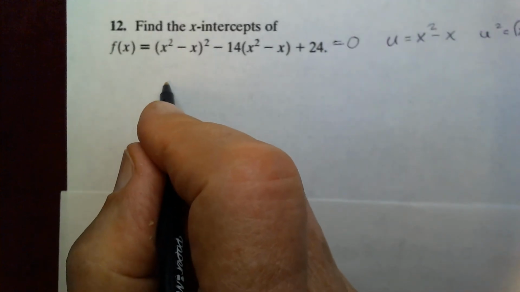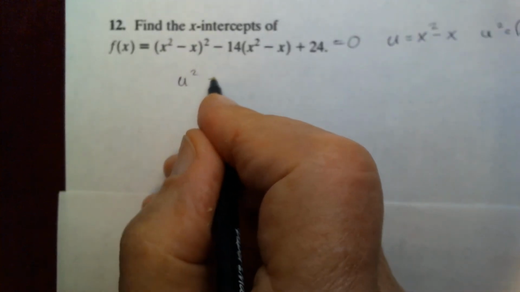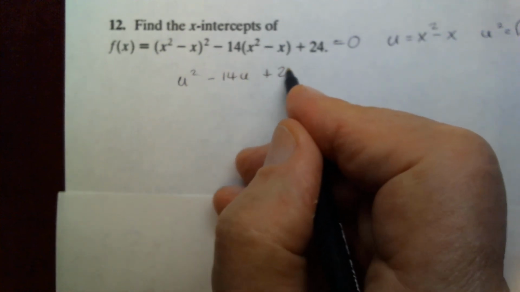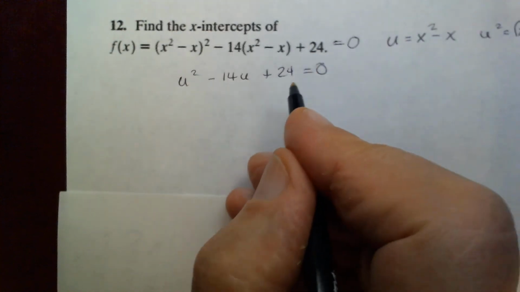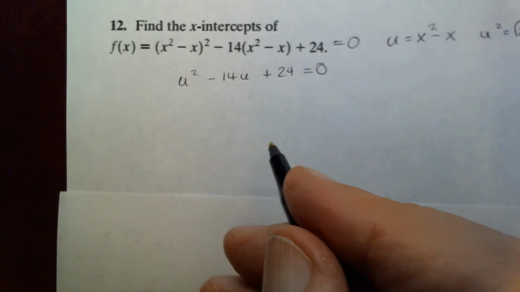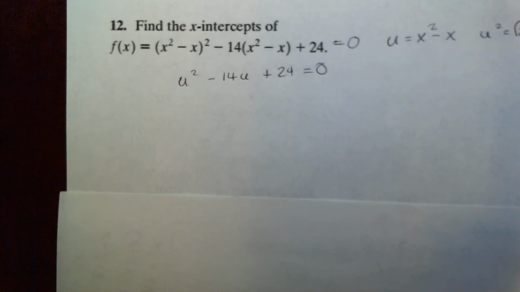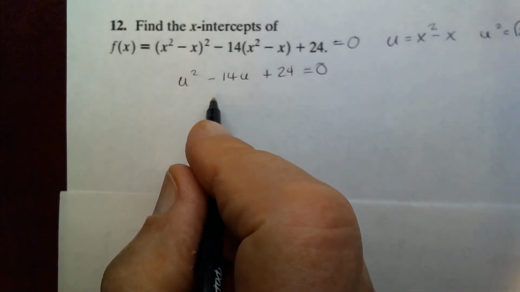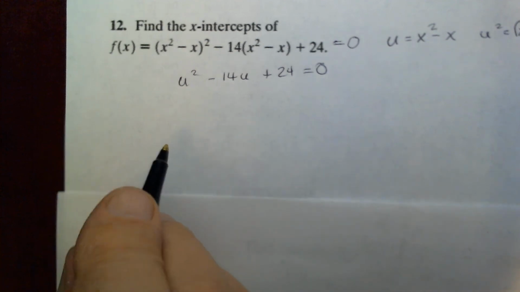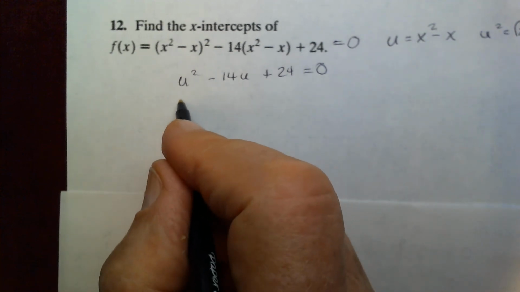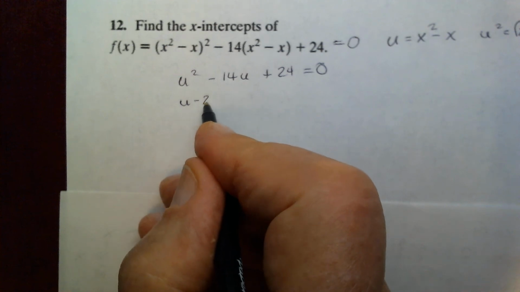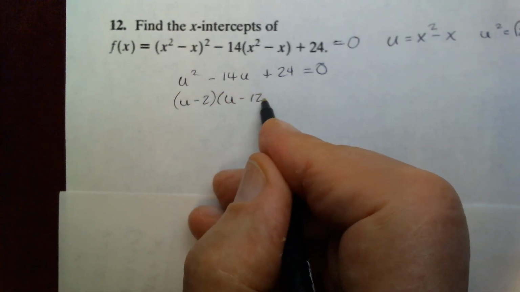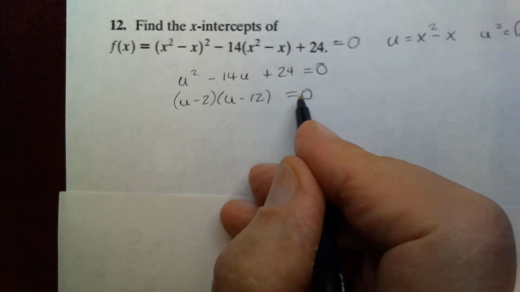So this then gives us u squared minus 14u plus 24 equals 0. We can factor this into u minus 2 times u minus 12 equals 0.